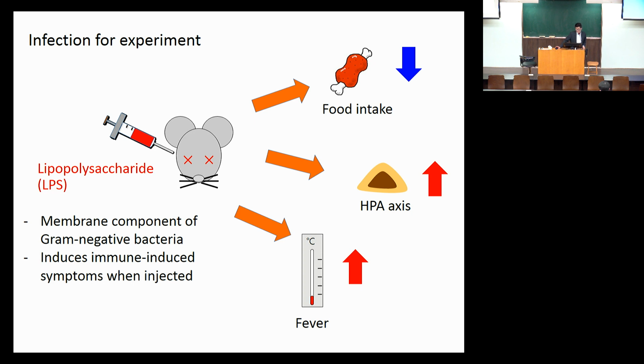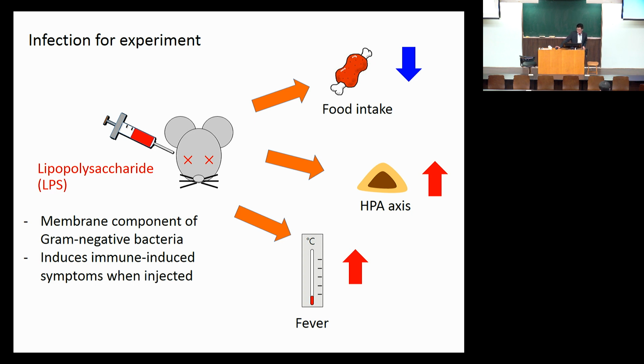This is the experimental procedure. I use lipopolysaccharide for this experiment. Lipopolysaccharide is a membrane component of gram-negative bacteria. You can induce immune-challenged symptoms when you inject it into animals, rats and mice.